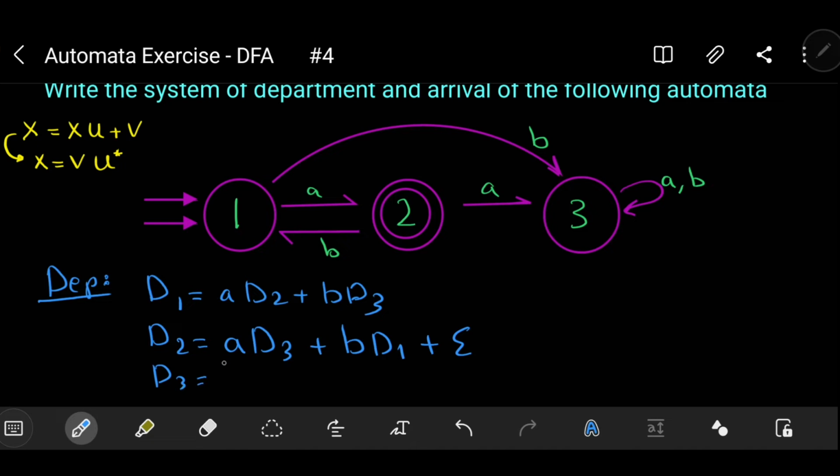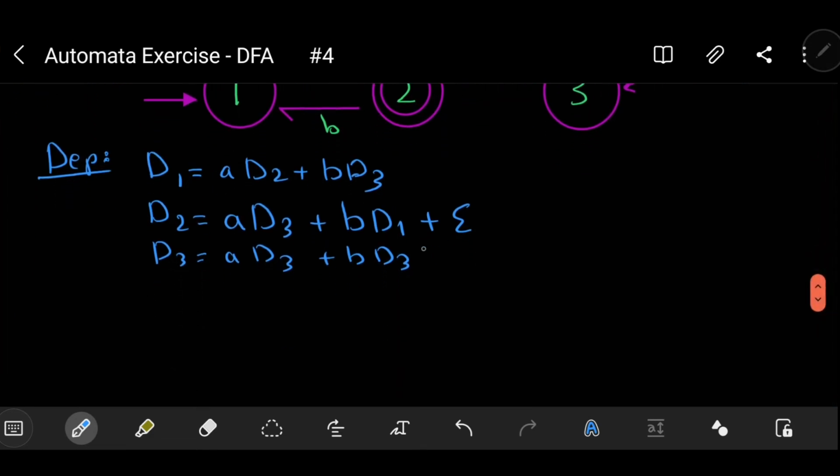D3 is equal to A D3 plus B D3, and we can write it again as A plus B into D3.